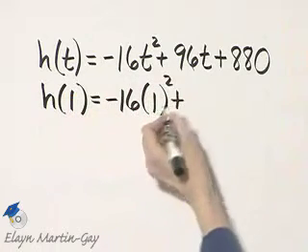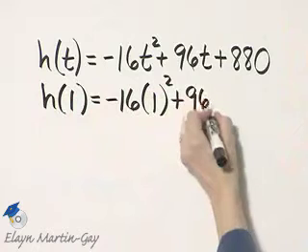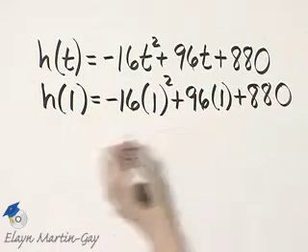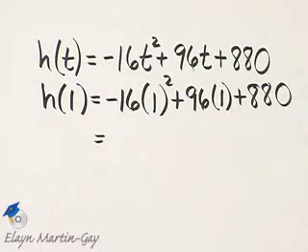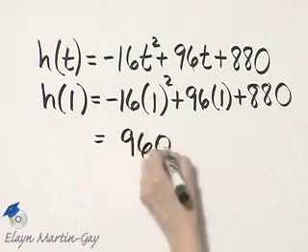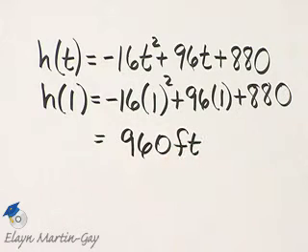So that's negative 16 times 1 squared plus 96 times 1 plus 880. If you simplify that expression on the right, you'll have 960, and that stands for 960 feet. So after 1 second, the height of the pebble is 960 feet.